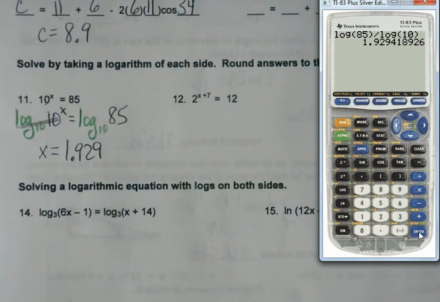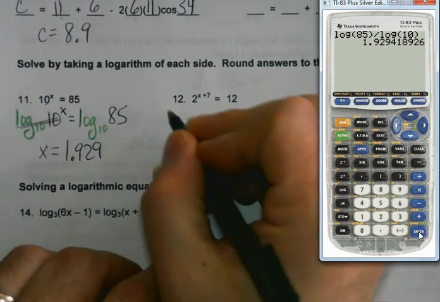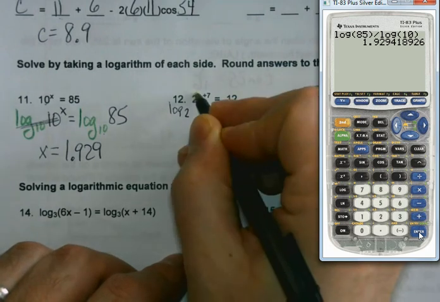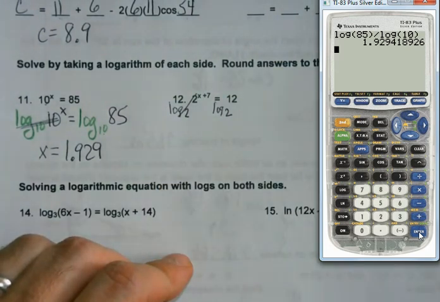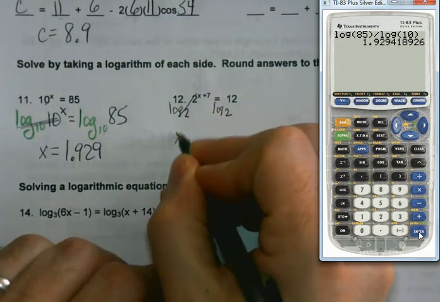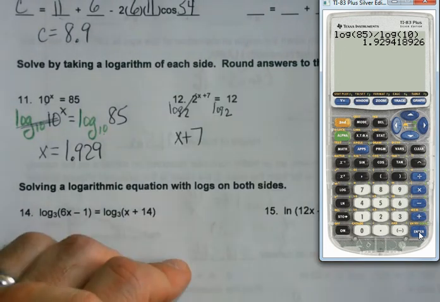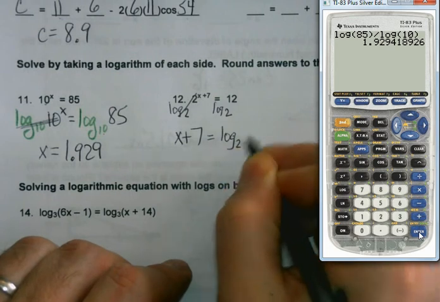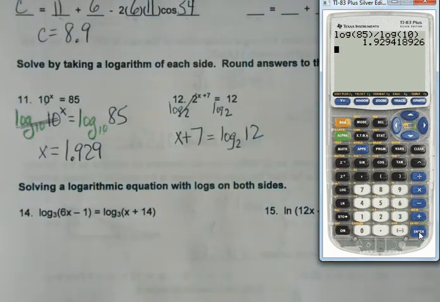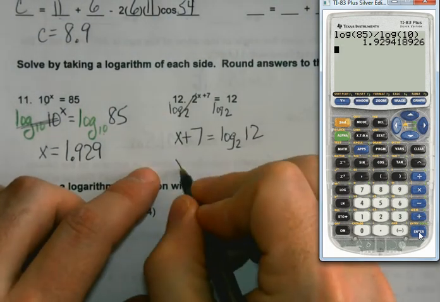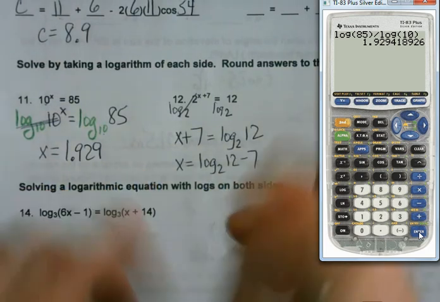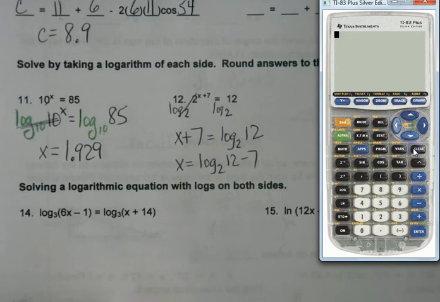So in 12, it would be the same idea. I would use the log of base 2 as my inverse. My exponent would still be left, the x minus 7. And so when I get to here, I would minus 7 from this. So here's how I would personally go about calculating this.